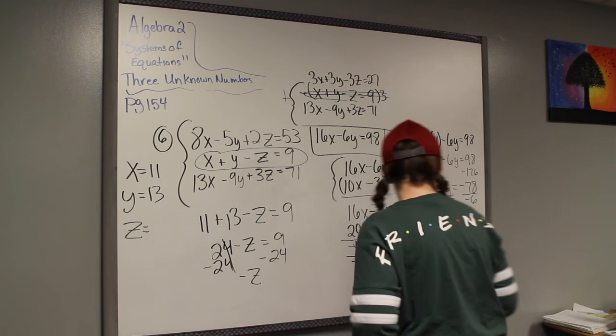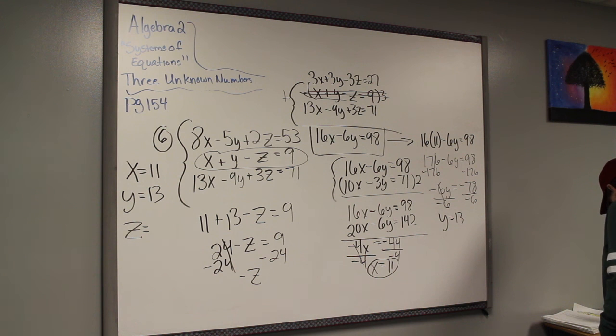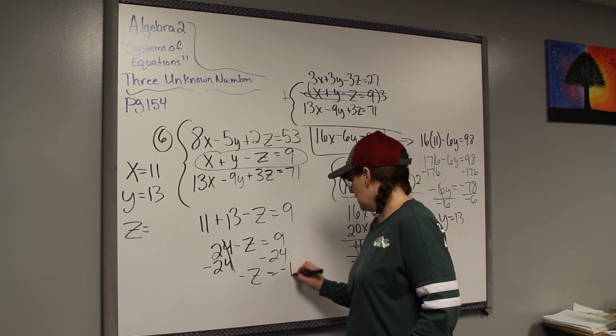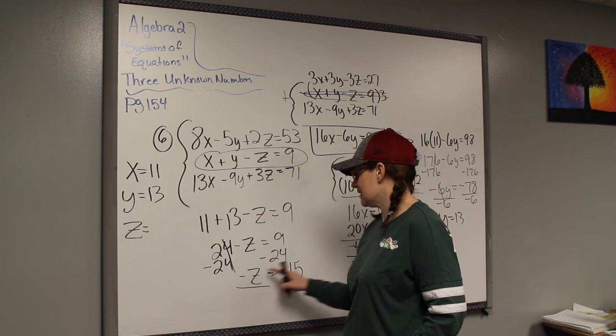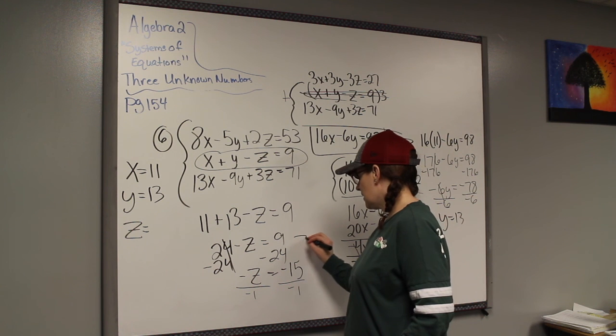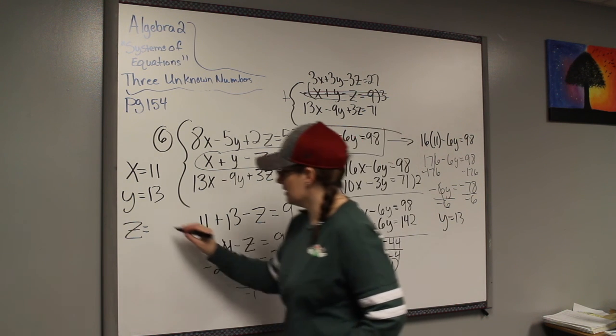And then 9 minus 24 should be negative 15. And then because these are negative, you got to divide by that negative sign, which gives me a positive z equals positive 15.